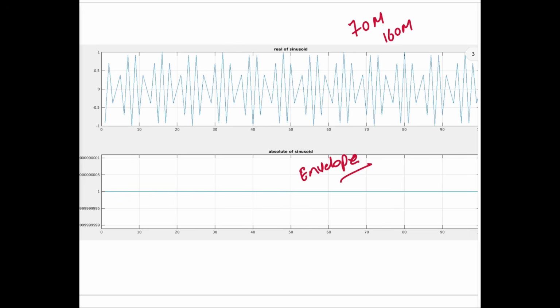For this specific case, there are not enough samples in one period, so it looks like a zigzag pattern. But for explaining this, it won't matter that much. I'll show you one case where we choose a different value of the frequency instead of 70 megahertz.